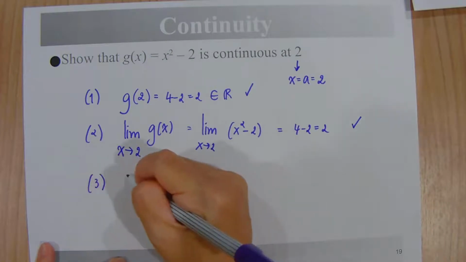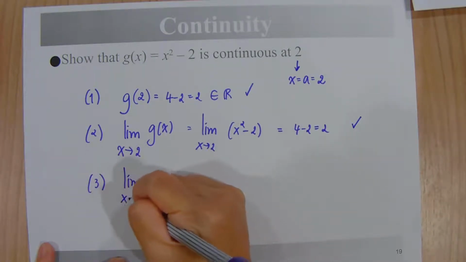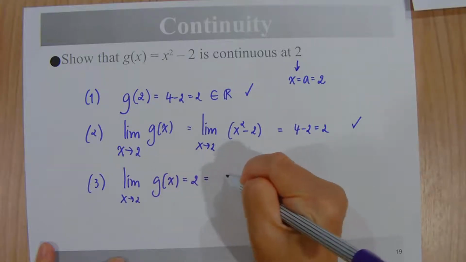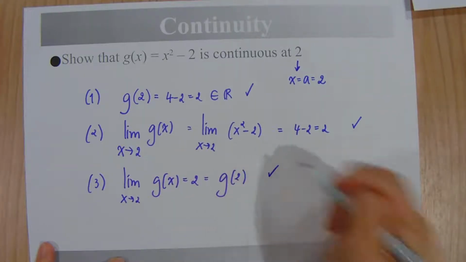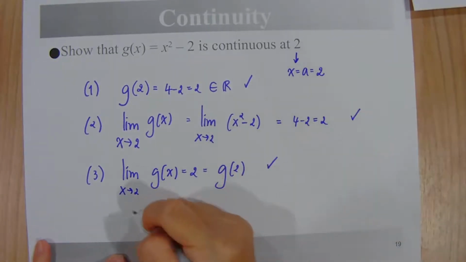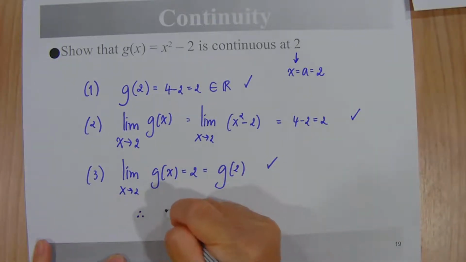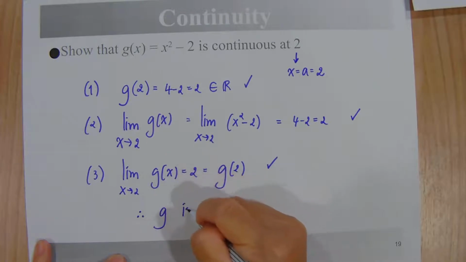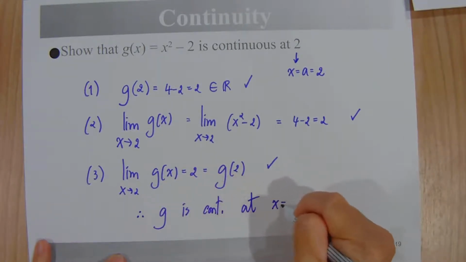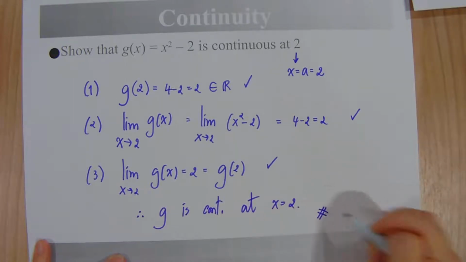And the third condition: the value of the limit equals 2, which equals the value of the function. Then we can conclude that g is continuous at x equals 2.